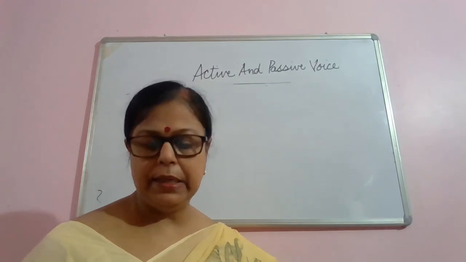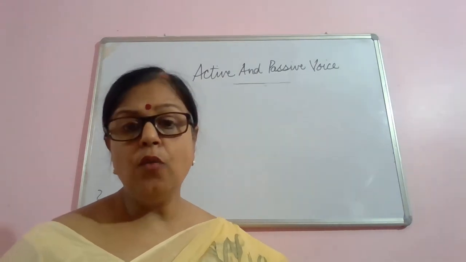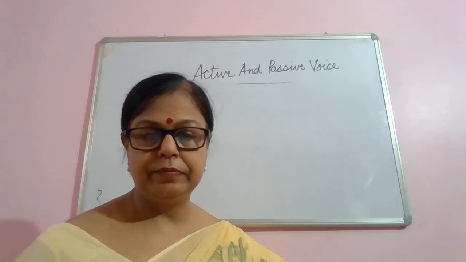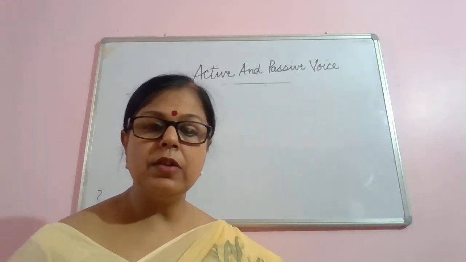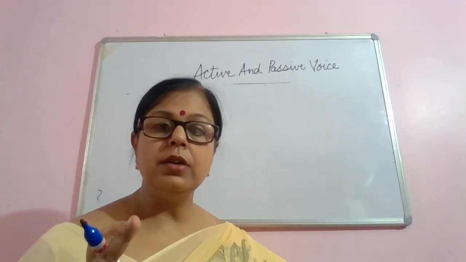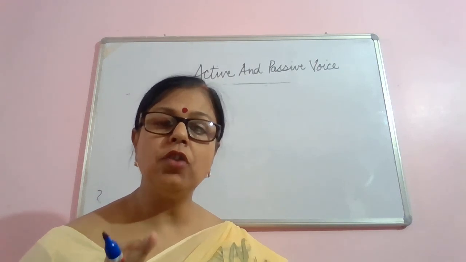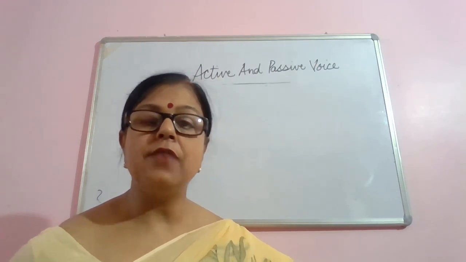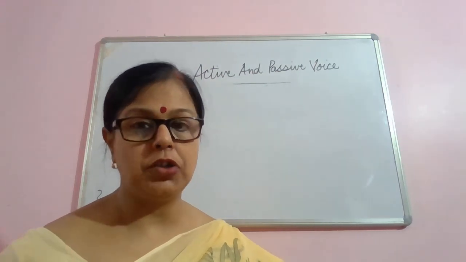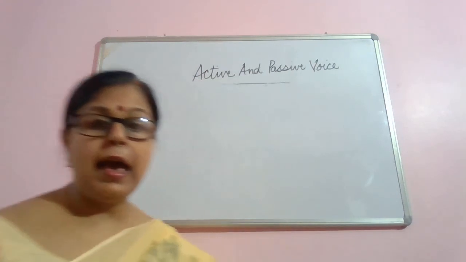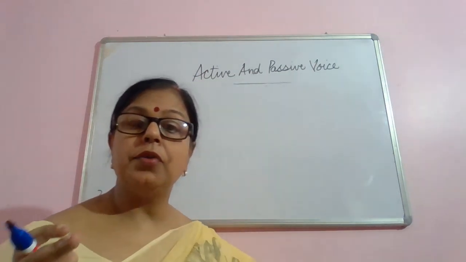Tense, what happens: Anna will write a letter. A letter will be written by Anna. That is simple future changes. Future continuous does not change, and future perfect changes, but future perfect continuous does not change. The first example, Anna will write a letter.